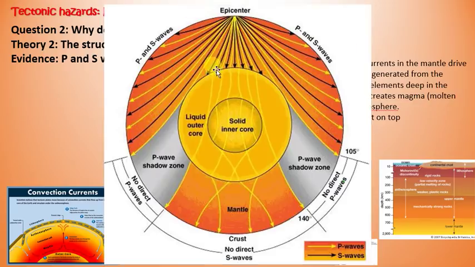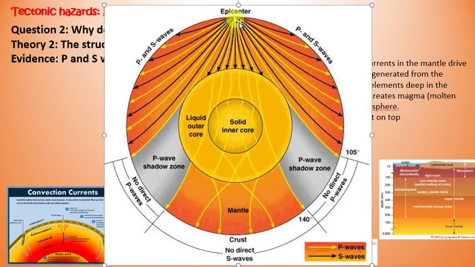The answer is, when an earthquake happens at any point on the Earth's surface, it sends out seismic waves. And there are 3 or 4 different types of seismic waves that cause the ground shaking. Now these waves travel through the inner Earth. However, because these waves have different properties, some of them can only pass through liquid layers, some can pass through solid layers, some can pass through both.